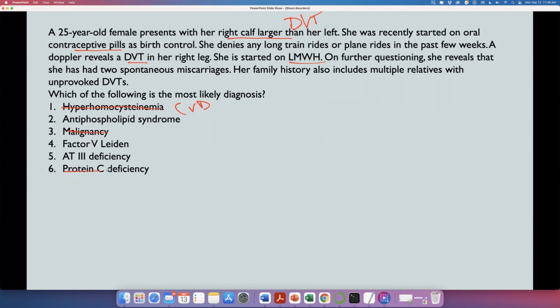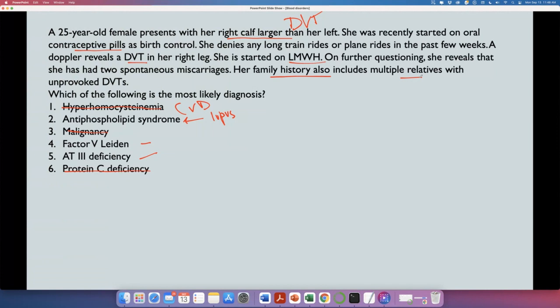Then we have protein C deficiency, antithrombin deficiency, factor V Leiden, and antiphospholipid syndrome. APS is typically present in people with lupus. So I don't think she has lupus. We don't have anything there. Could be, maybe this is the first presentation of lupus, but I don't have any clue to think about lupus. And also, I have here something that says family history.